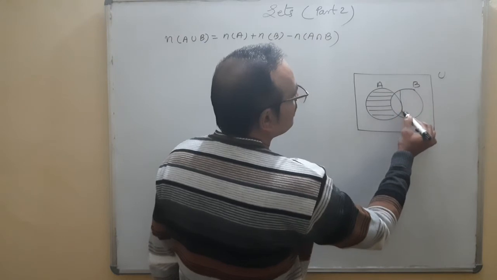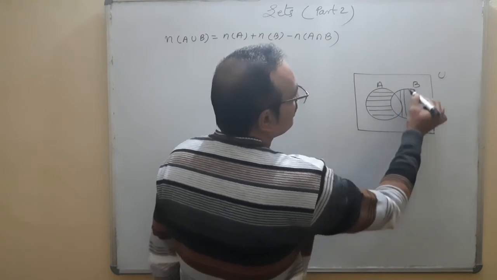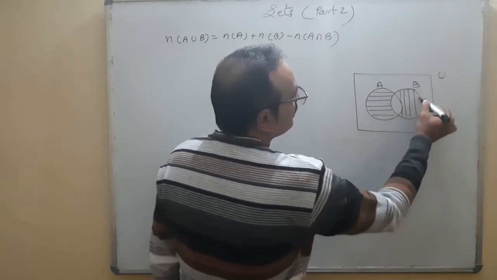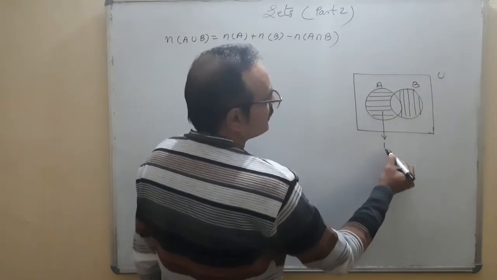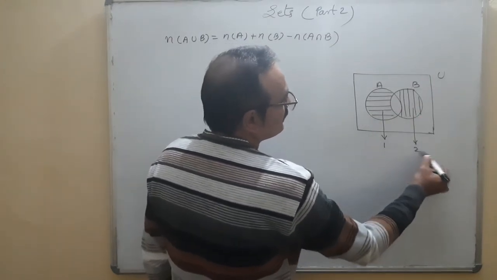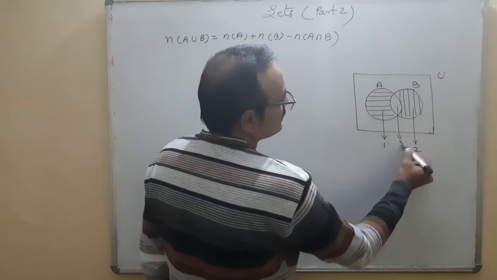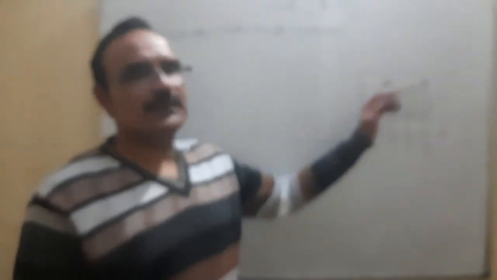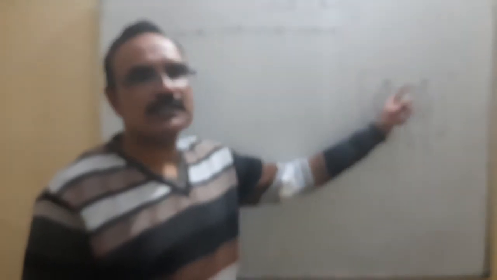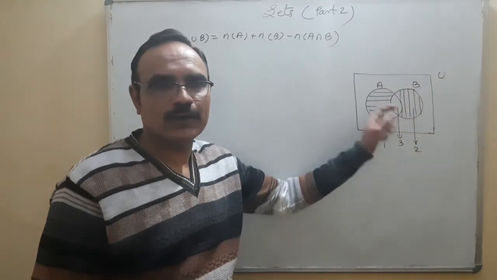It is the second part. And this portion is the third part. First part, second part, and this is the third part. Okay. I have divided this complete region into 3 parts. And the sum of these 3 parts is equal to n(A union B).